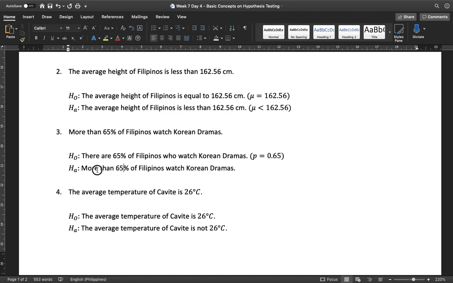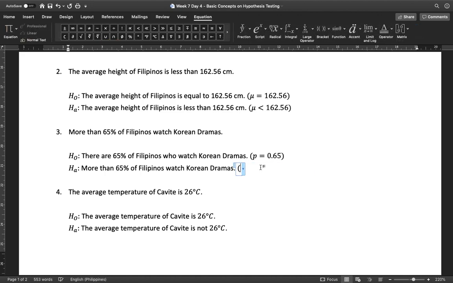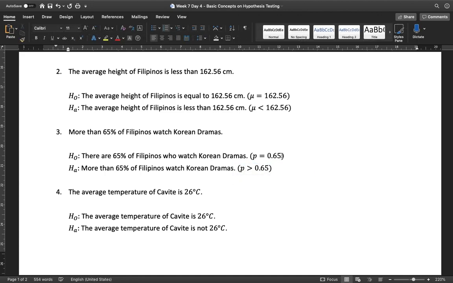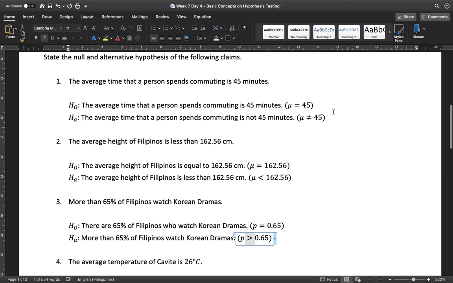It is more than 65% of Filipinos watch Korean dramas. P is greater than 0.65. So, this is, again, a kind of a one-tailed test kasi it uses a greater than symbol. Sa isang direction lang siya pupunta. Compared mo kay two-tailed test, non-directional.